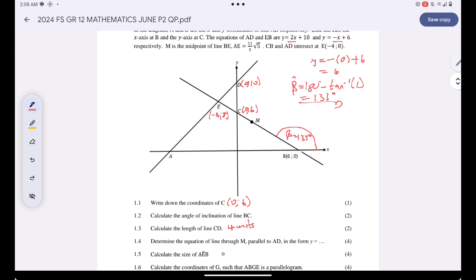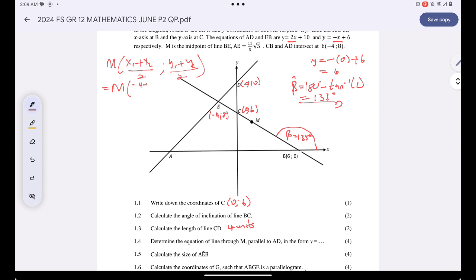Okay, determine the equation of the line through M, a line that passes through M, which is parallel to AD. M is the midpoint of line BE, and we do have the coordinates of B and E. To find M, simply say x1 plus x2 all over 2, and then y1 plus y2 over 2.